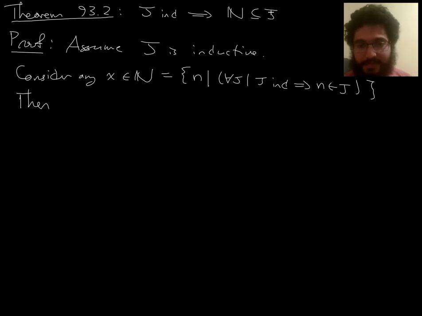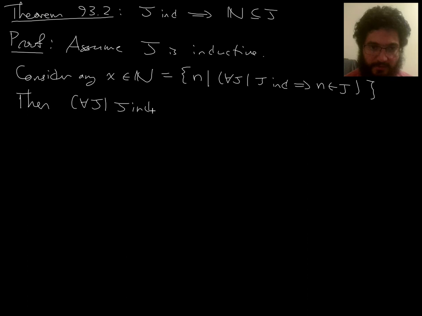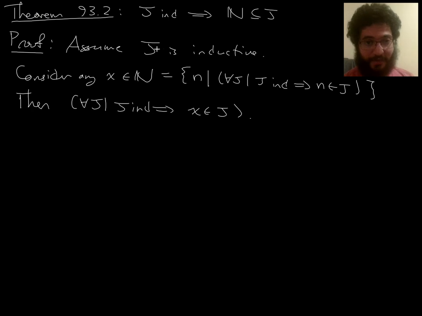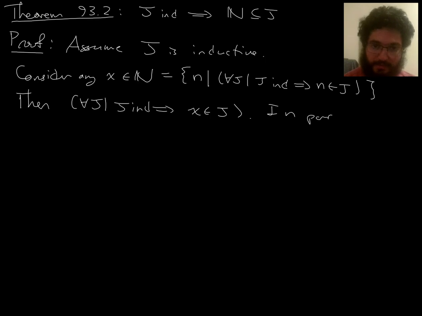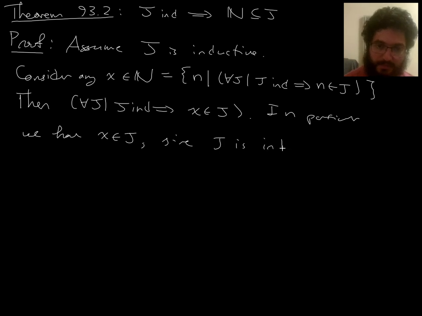Now my goal is to show that x is in J. Then, since x is in N, by axiom 5, for all J, if J is inductive, then x is in J. Well, the J that we have here is inductive, so in particular, we have x is in J, since J is inductive.